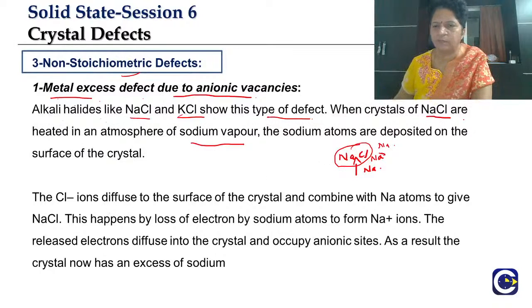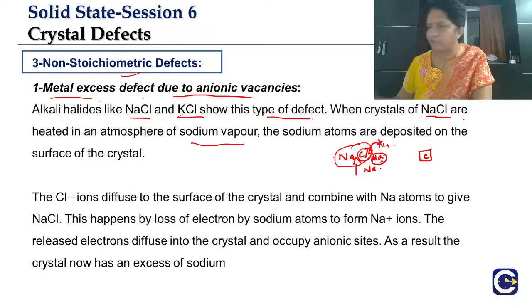The chloride ion sees the sodium ion here. What will happen? The chloride ions will move here. They will go away from their places. And when they go, they leave electrons in the places from where they are moving.